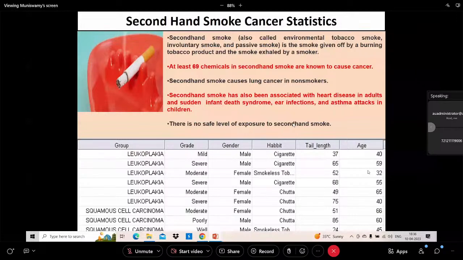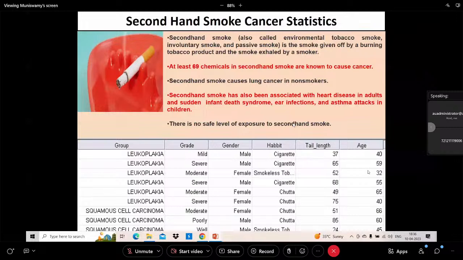Gender is a nominal type; the values are names, male and female. Tail length is a measure: 37, 65, 52, 60, numbers, measurable values. What type of tools are you applying? So this is my intention: in measurement and scaling techniques, what kind of tools you apply for what type of variables.